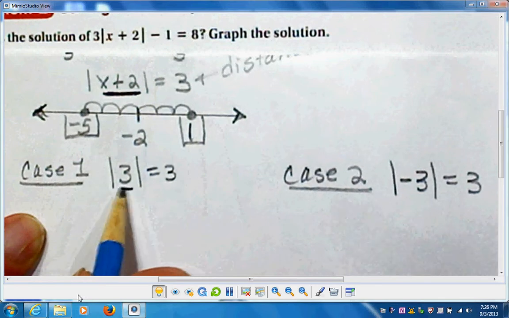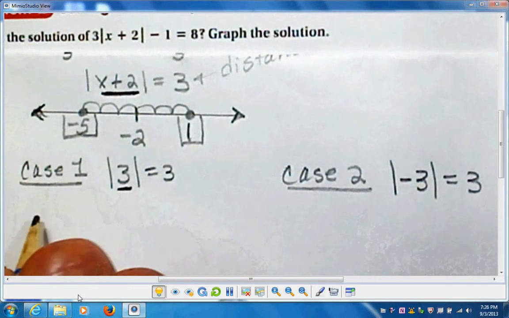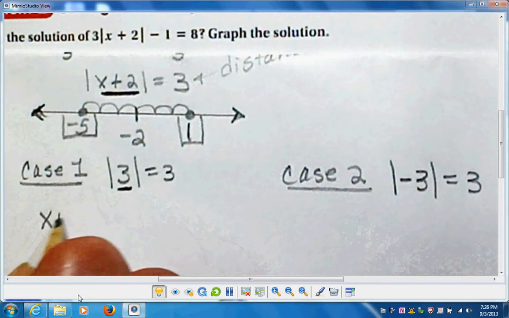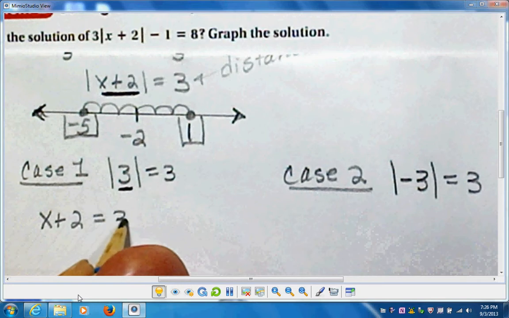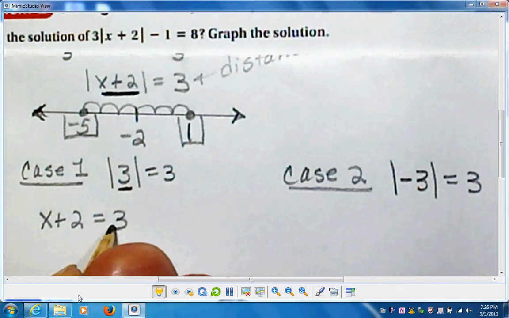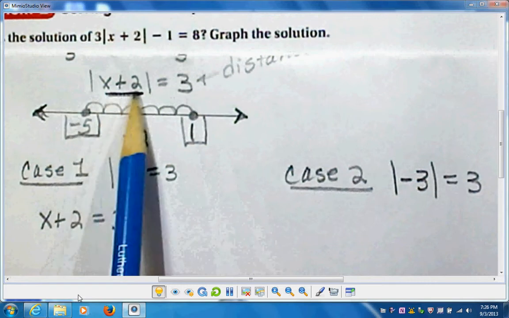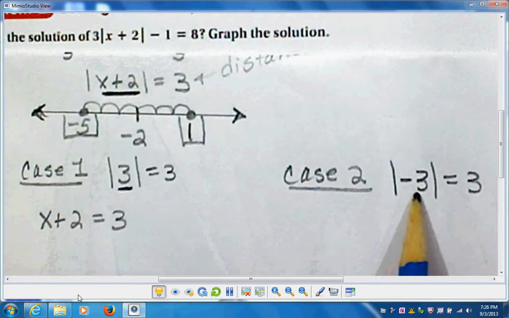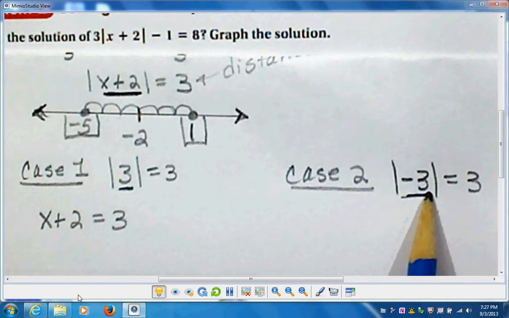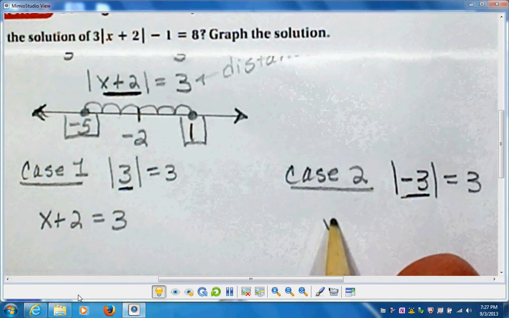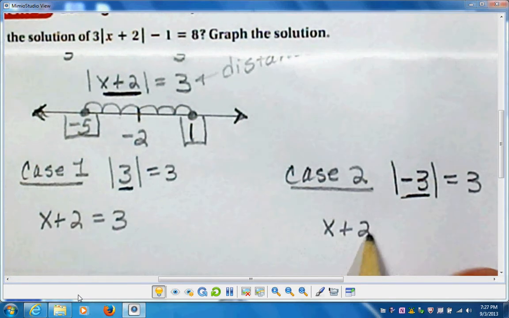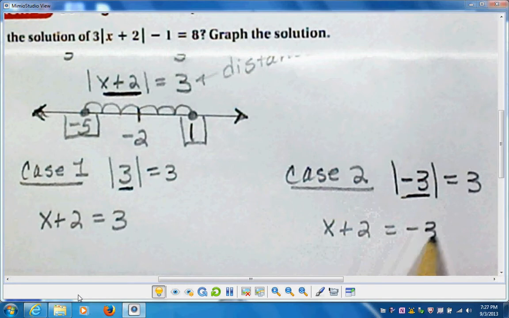So that's going to make this x plus 2. Well, that must equal 3 for case 1. And for case 2, I also have x plus 2 equals -3.